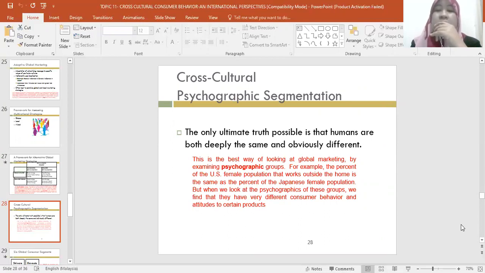Okay. So they say in here, for example, the percent of the US female population that works outside the home, meaning working career women, is the same as the percent of the Japanese female population. So they are the same, Japanese and also US females. But when we look at the psychography of this group, we find that they have different consumer behavior and attitudes towards certain products.